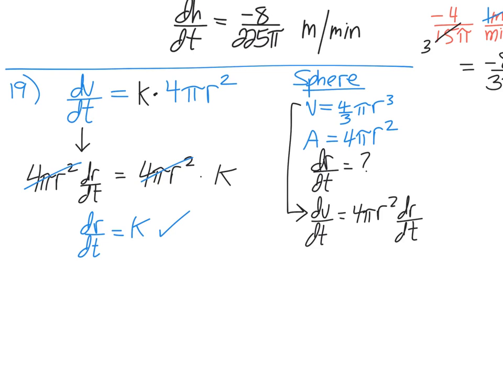Because when you take the derivative with respect to time, unless the variable itself is time, you're multiplying every time you take a derivative by d whatever dt. So dv dt, in this case dr dt. If there were an s in here, it would be times ds dt. And that's always the case when you're dealing with related rates. Oh, it's just the derivative of the volume equation? Yeah. Oh, okay.